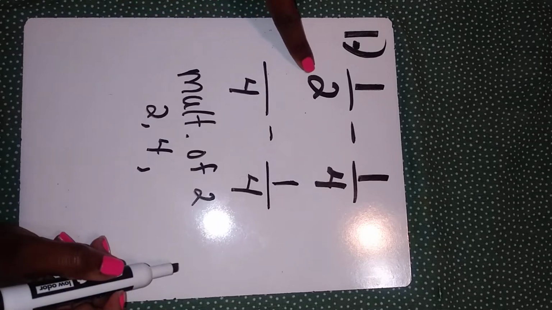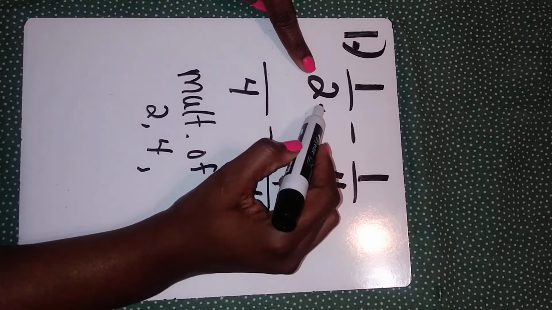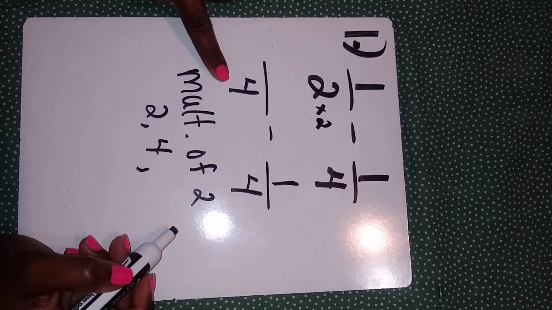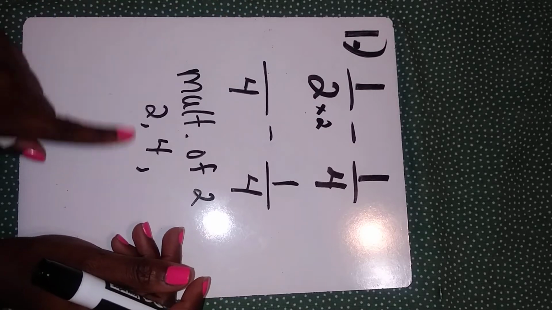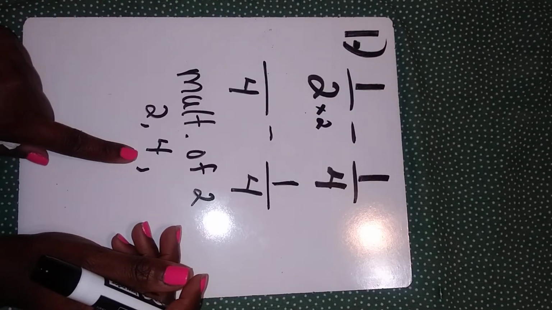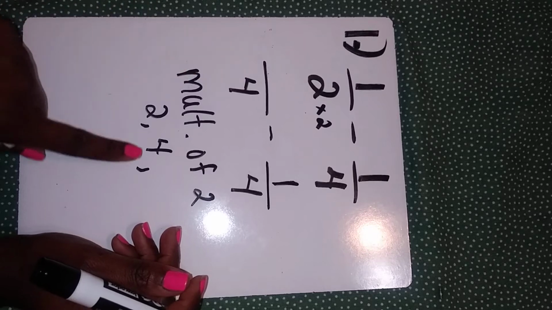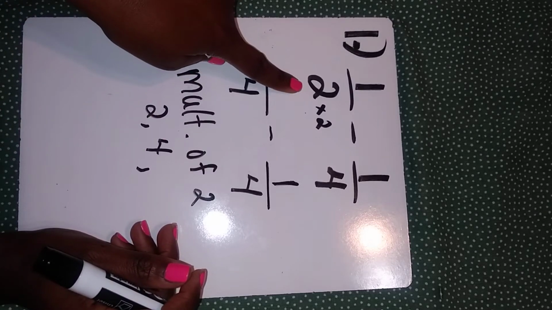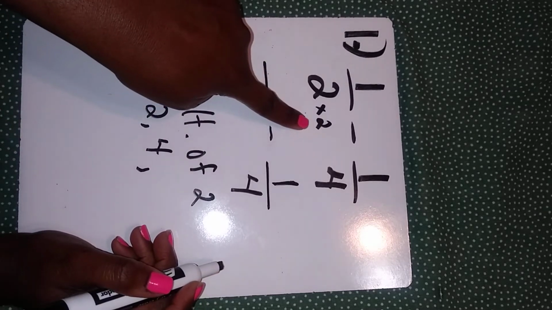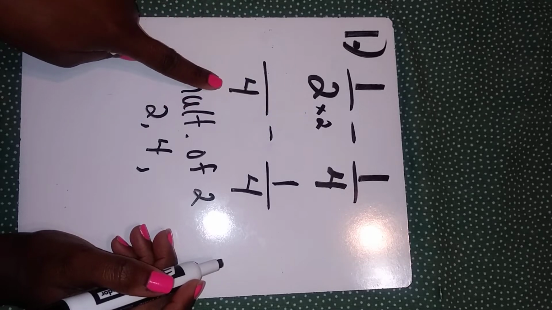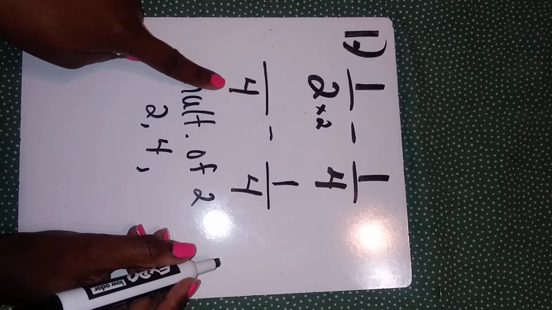So that lets me know that, okay, 2 times 2 gave me 4. Now, either I can look at my multiples and see how many numbers I wrote before I got to 4, which was 1, 2. Or I can think about my timetables. 2 times what will give me 4?